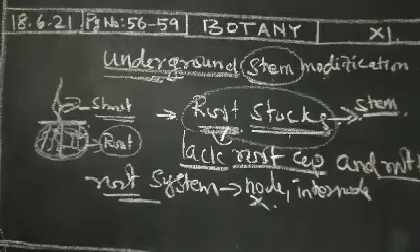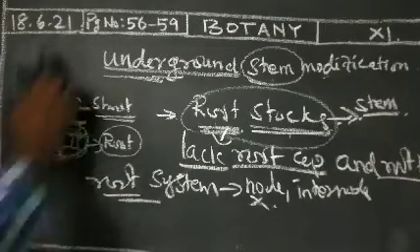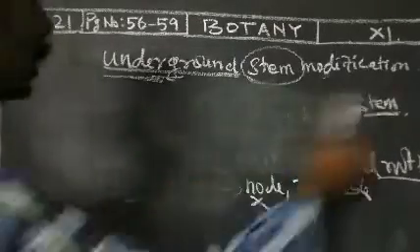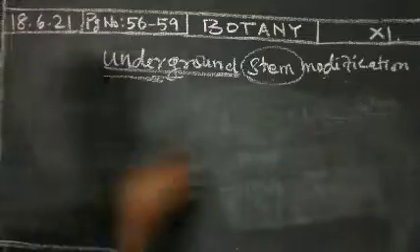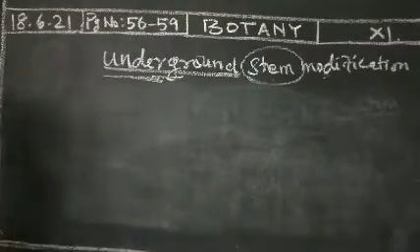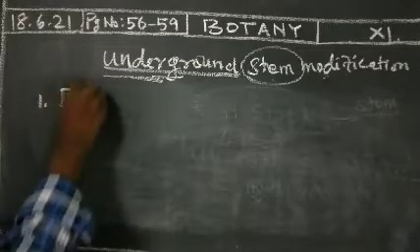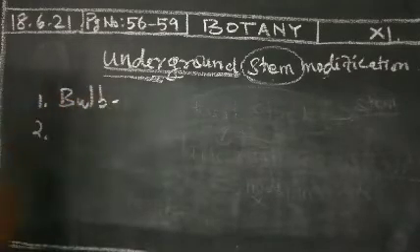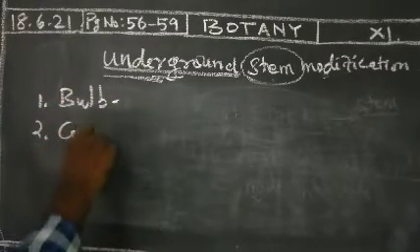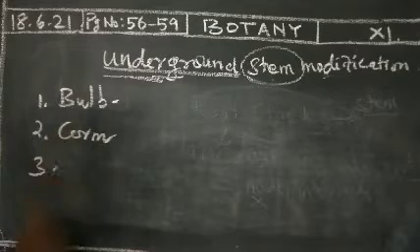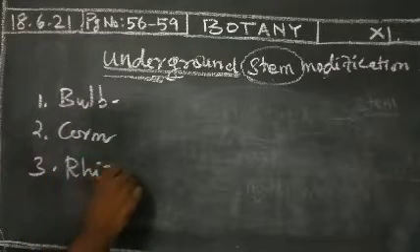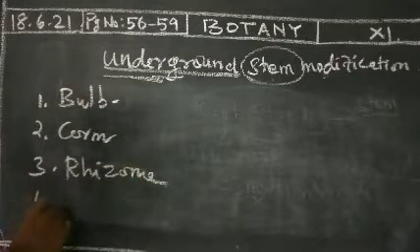Next, we pass on to the underground modifications. There are four types: first is bulb, second is corm, third is rhizome, and fourth is tuber.